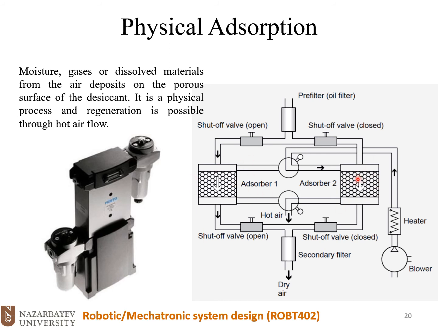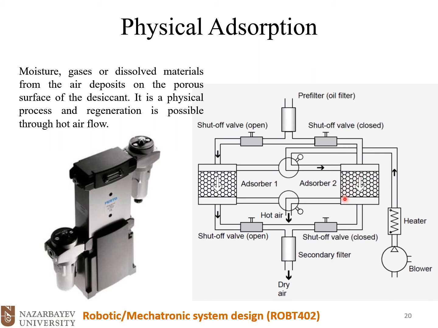want to regenerate the adsorber 2 chamber. We have a blower and we have a heater. Okay, so we have hot air. This hot air will be blown into this chamber. So the hot air will pass through this material, adsorber 2.